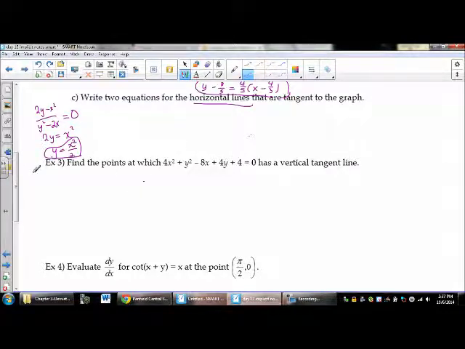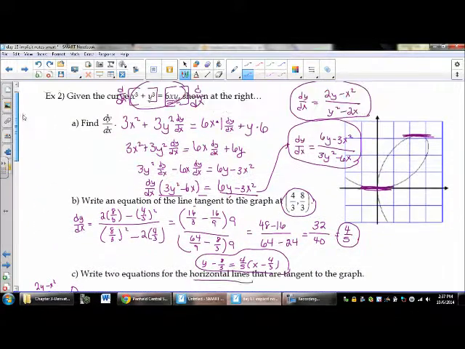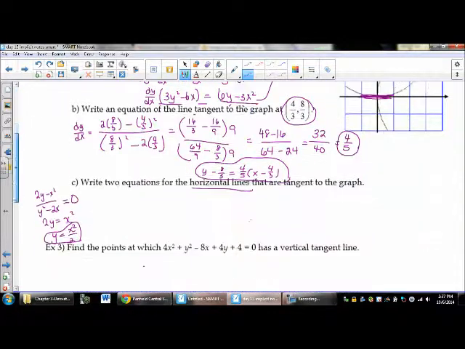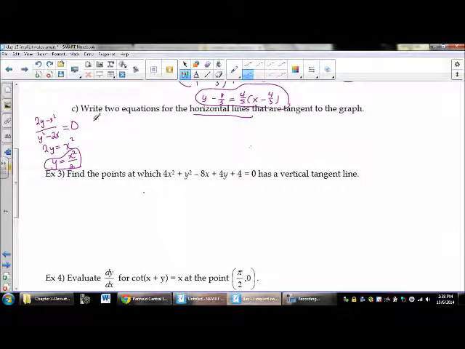This really means that this has to happen in the derivative, but it also has to be a point on the original equation. So anytime x and y have this relationship, I'm going to have horizontal tangent lines. Well, if this equation needs to happen at the same time as this equation, that's really a system.